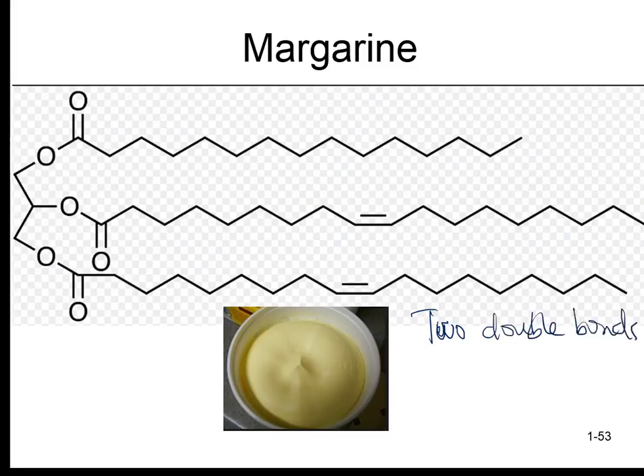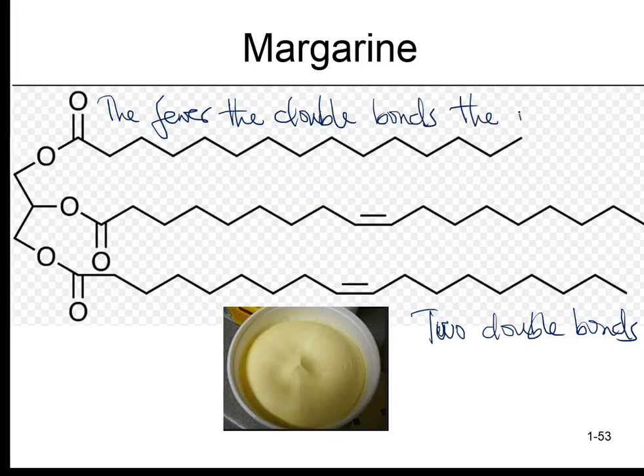So the fewer the double bonds, the more solid the fat, or I'll just say lipid, the fat is.